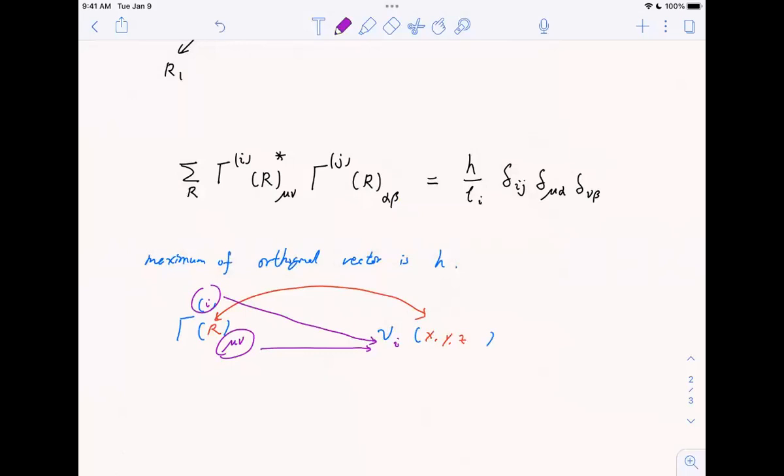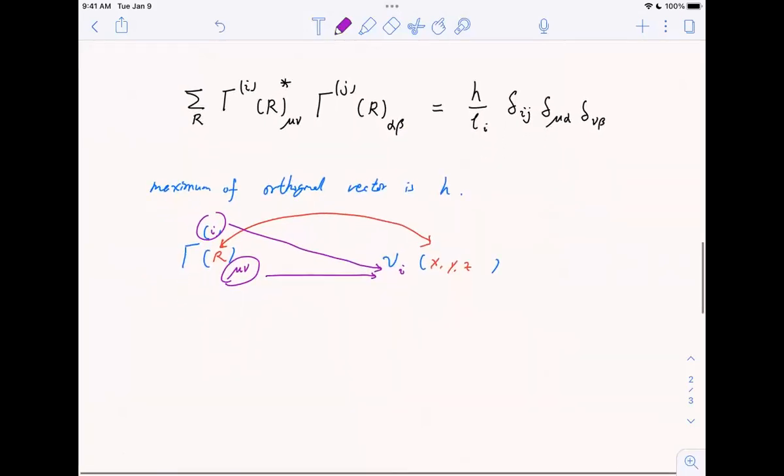So the index for the irreducible representation and the row and column indices correspond to this index for the vector here. So here the maximum number of I is smaller than the dimension.